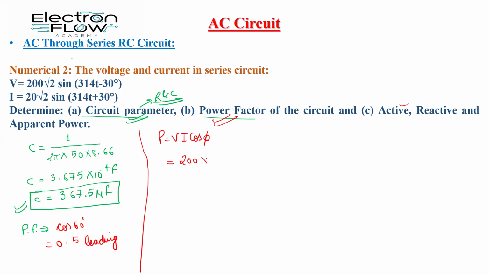So 200 into 20 into cos 60 degree, meaning 0.5. The real power I get is 2000 watt, or 2 kilowatt. This is our active power.